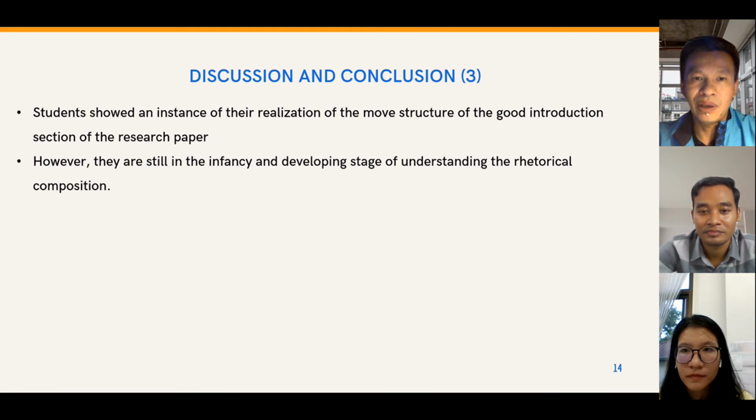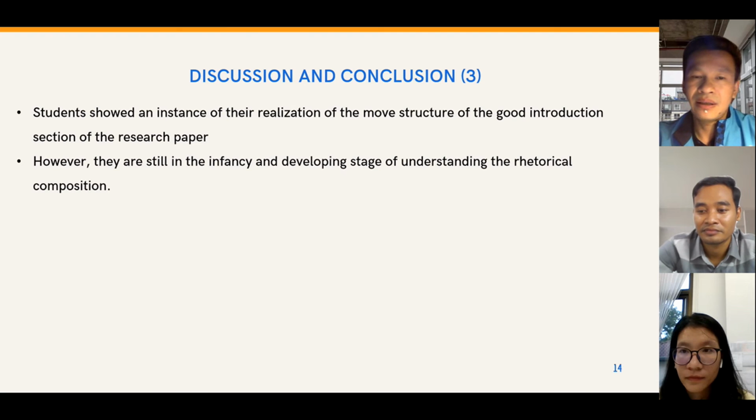However, they are still at the developing stage for understanding the rhetorical compositions, because according to the graph, you have seen that even though some of the moves are recognized and appear across the data of the research papers, the quality of the moves shows, to a certain extent, completion, partial completion, and most of them seem to be really incomplete.